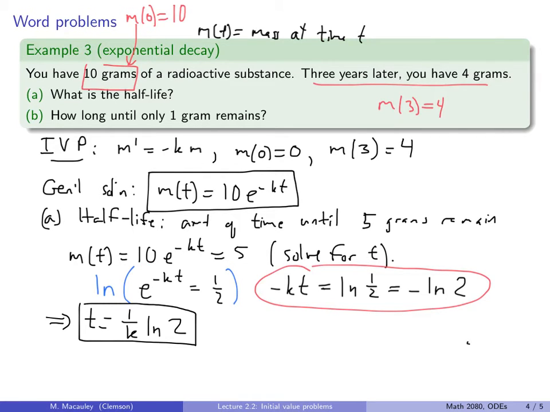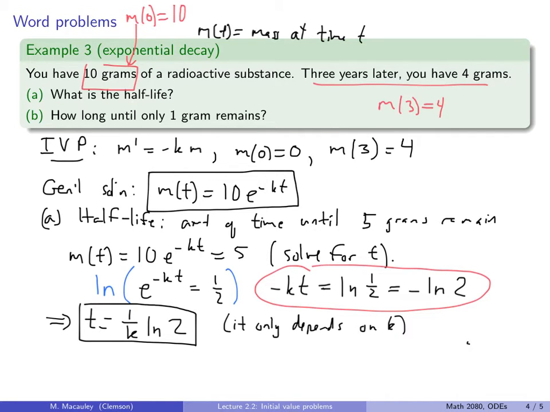And that is the half-life, and it only depends on k. Okay, so we've solved for that. We found the half-life. So we still need to figure out what k is.